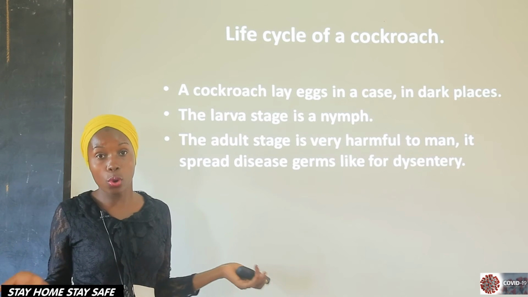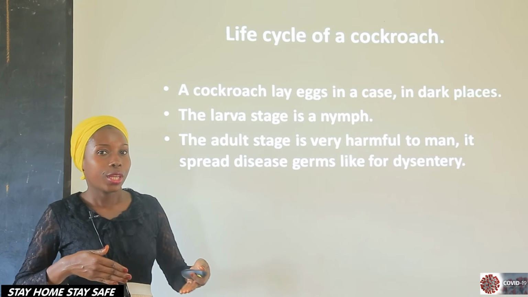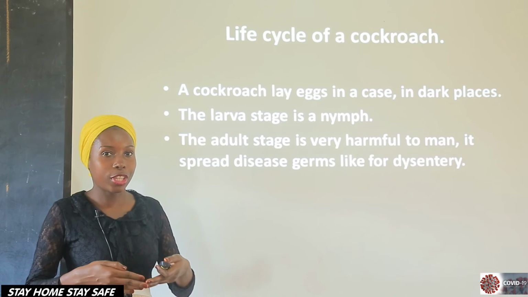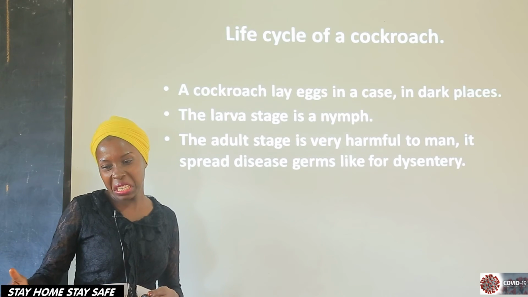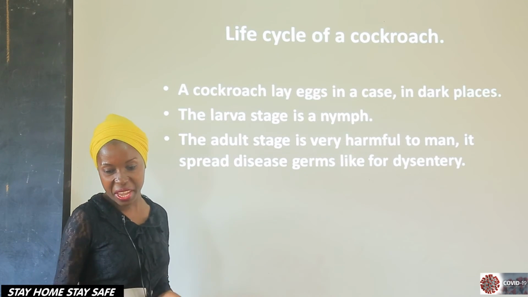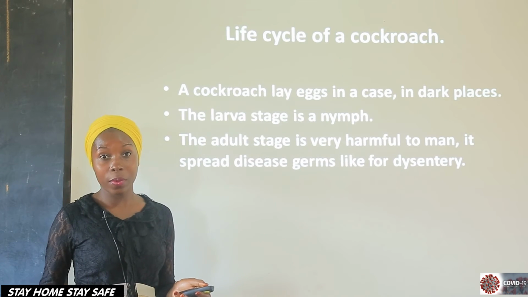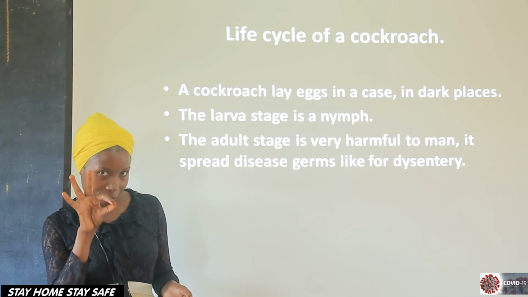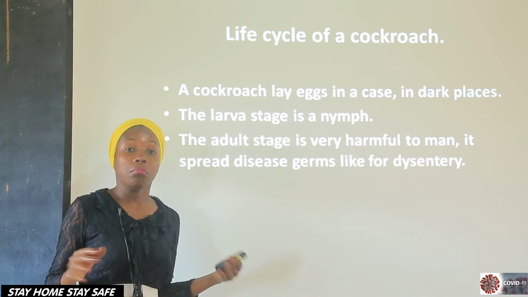This helps to keep it protected from people. If you are sweeping and you're not minding so much about under the bed, under the couch, under the fridge, those are dark places, so the cockroach will like to lay their eggs there because it thinks they are safe.